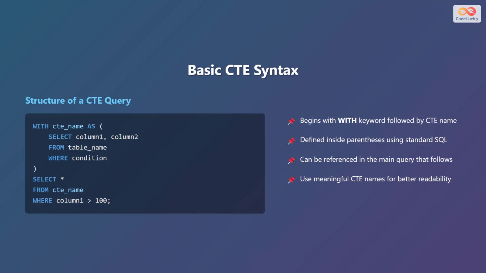Inside this SELECT statement, you specify the columns you want to retrieve from your table using the FROM clause, indicating the table name, and the WHERE clause where you define any conditions. After defining the CTE, you can use it in a main query, where you select from the CTE by referring to its name, CTE_name, and applying additional filtering using the WHERE clause.